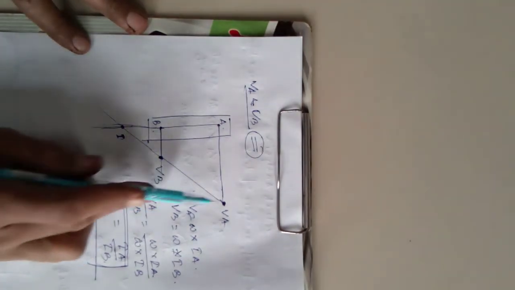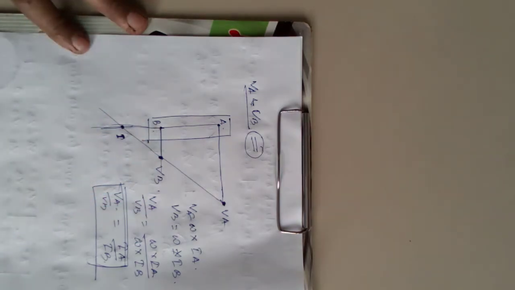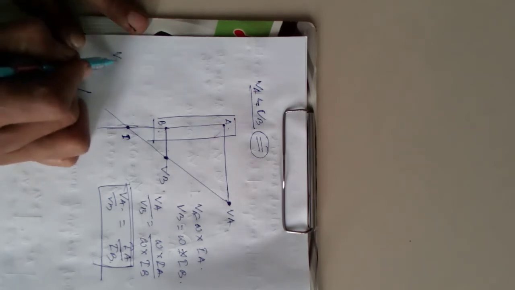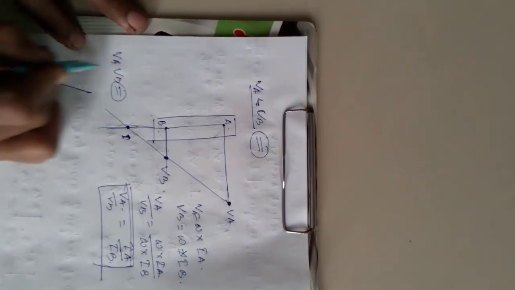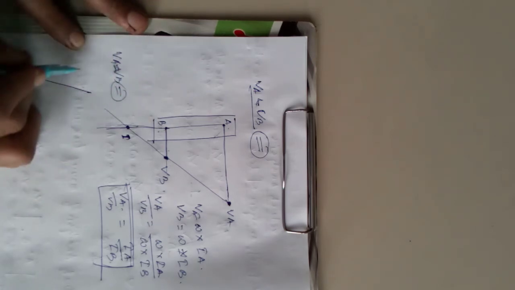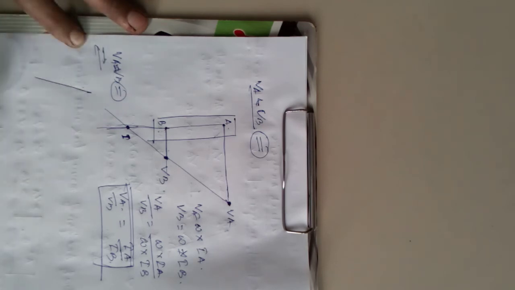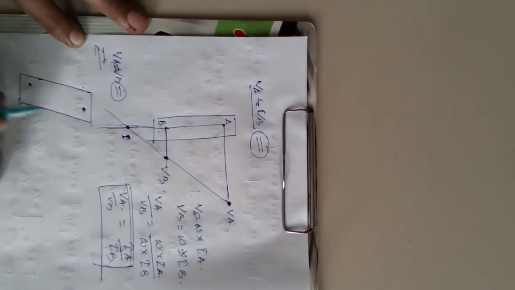Okay, so that is one case. Another case you can consider, suppose VA and VB are parallel to each other but in opposite directions. So suppose that is a link, that is a point, that is another point.